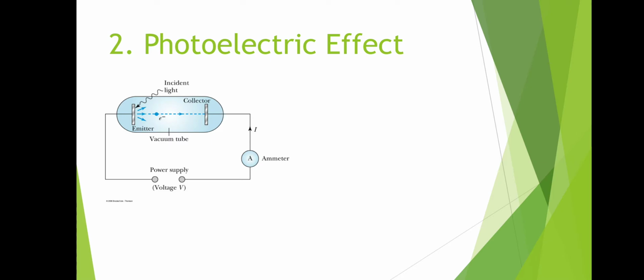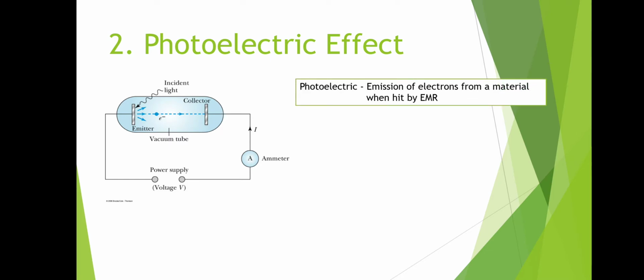After the incident light hits the emitter, it will release an electron, or photoelectron, towards the collector, because the incident light transfers its energy to the electron. It breaks the binding energy and releases the electron. So the photoelectric effect is the emission of electrons from a material when hit by EMR.